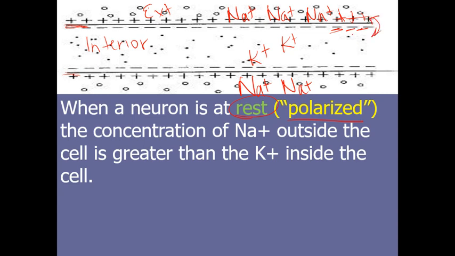Again, this is not entirely negative and this is not entirely positive. They're just in relationship to each other. This one has less of a positive charge on the inside of the cell and more of a positive charge on the outside. This is when my membrane is polarized. It is ready, it is set, but it is not go yet, okay? It's just ready to take that final step to say, okay, let's go and let's send that impulse.